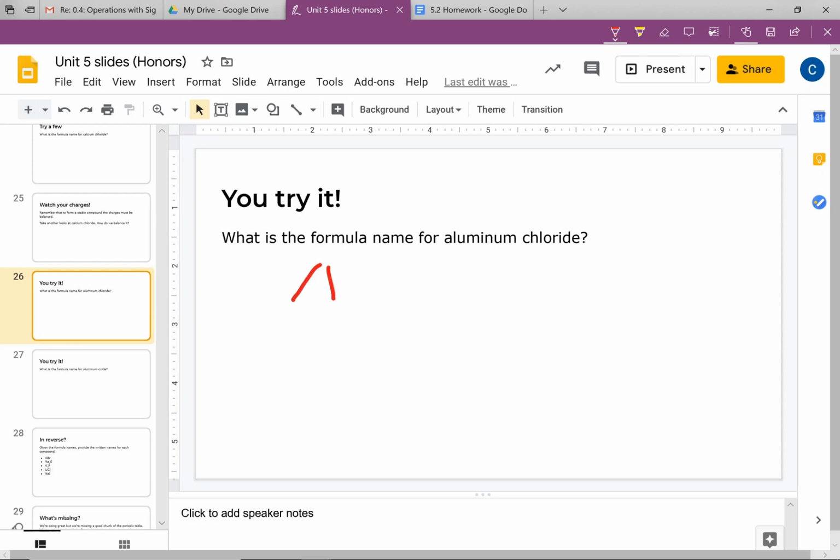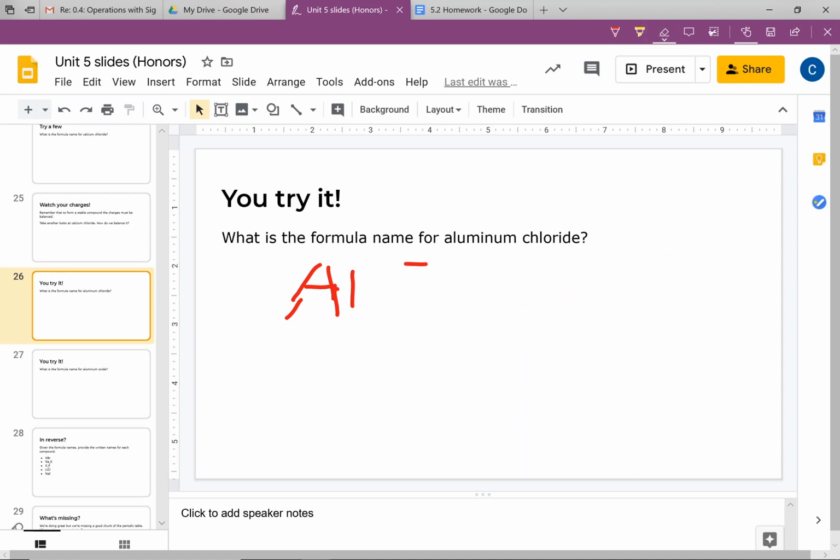So we have Al, and this is actually 3+. And the chloride, right, is 1-. So how do we get these two things to neutralize each other?